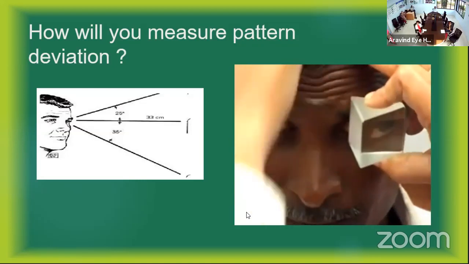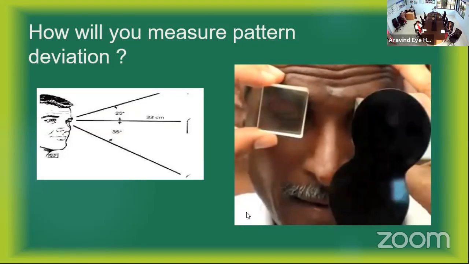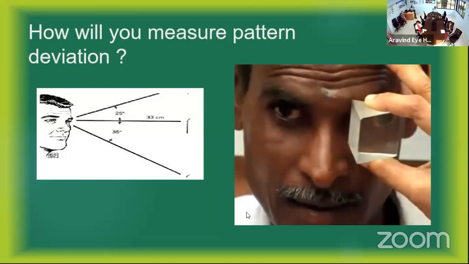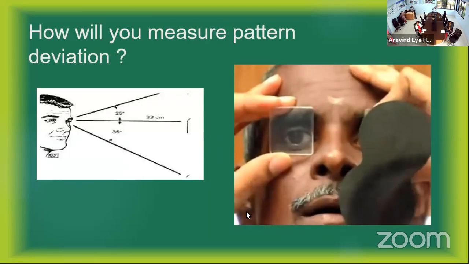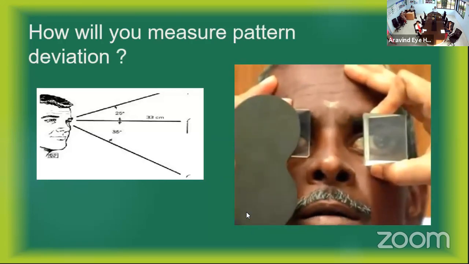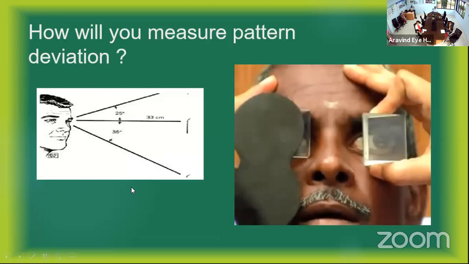You see, this is how the up gaze measurement is done. The chin is pushed down, so automatically the eye goes up and we measure the deviation. For down gaze, we ask the patient to lift the chin up and we measure the deviation.